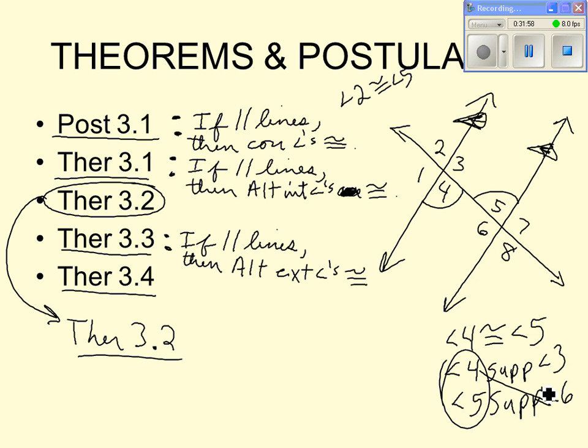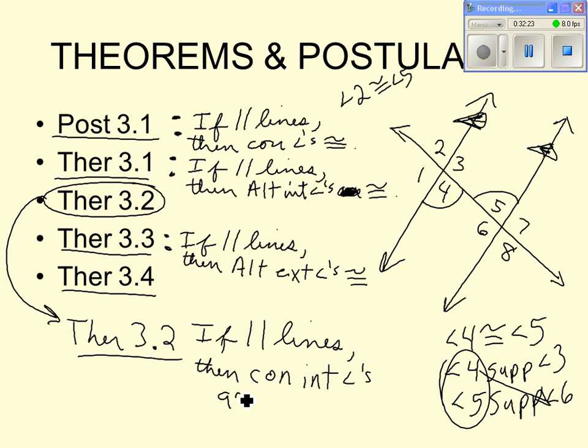So it's different than these other 3 that we covered, because on all of these, if you had parallel lines, what do you know about the pairs of angles? They were congruent. This one says, if you have parallel lines, then consecutive interior angles are supplementary.